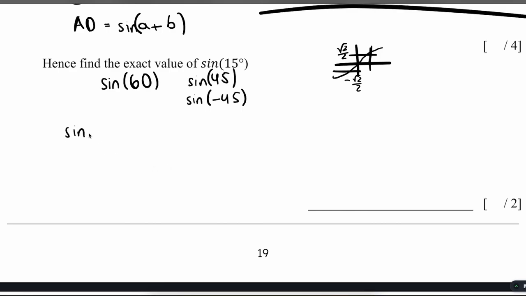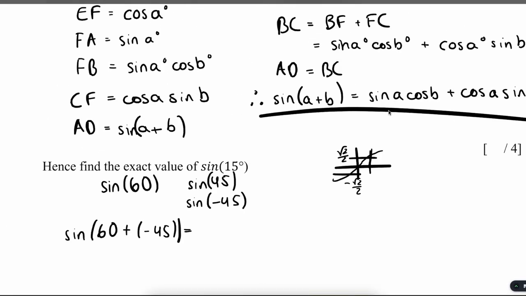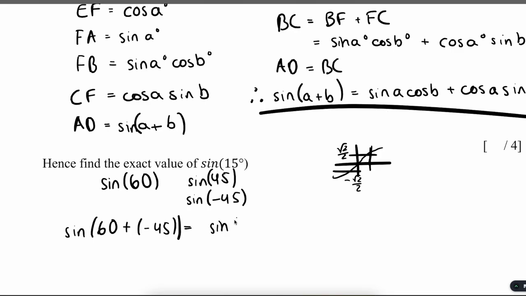So sine of (60 plus minus 45) equals, using our proof, sine A, so sine 60, cos B, minus 45, plus cos A, 60, times sine B, minus 45.